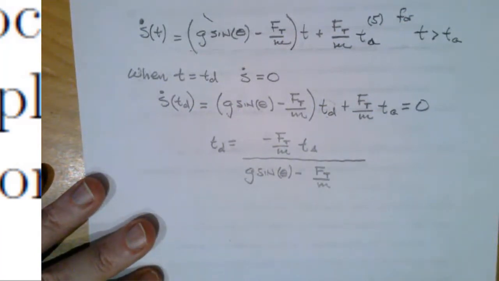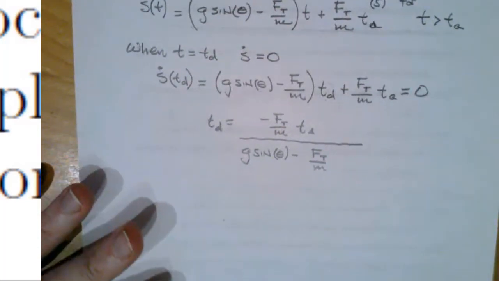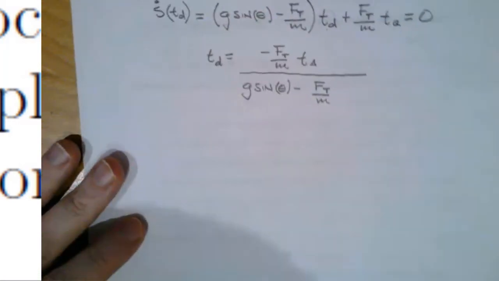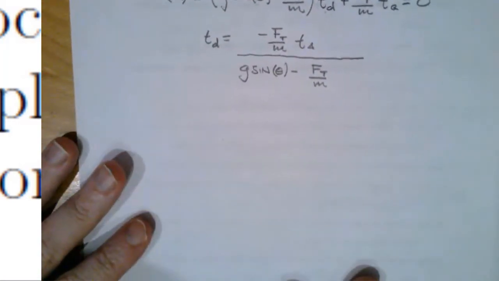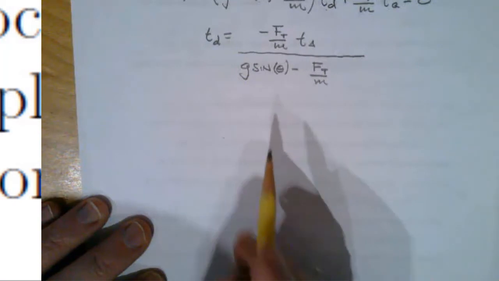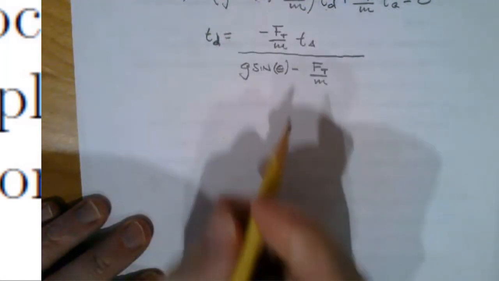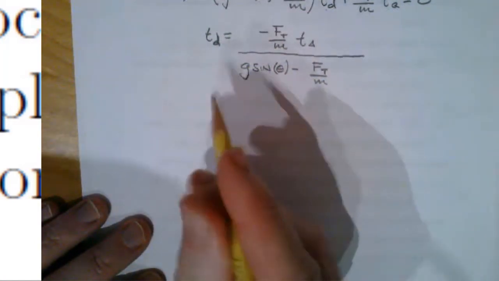There's TD. I'm thinking this is looking good. Let me clean up a little bit. I think this answer is okay. It just makes me squirm a little bit to look at it with the minus sign on the top. I'm expecting this TD to be positive, so I don't like that minus sign up top.